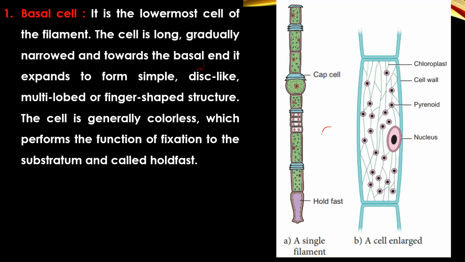It looks somewhat like this. If I just magnify this and draw, it looks somewhat like this. Okay. The cell is generally colorless, which performs the function of fixation to the substratum and is called the holdfast. Right?